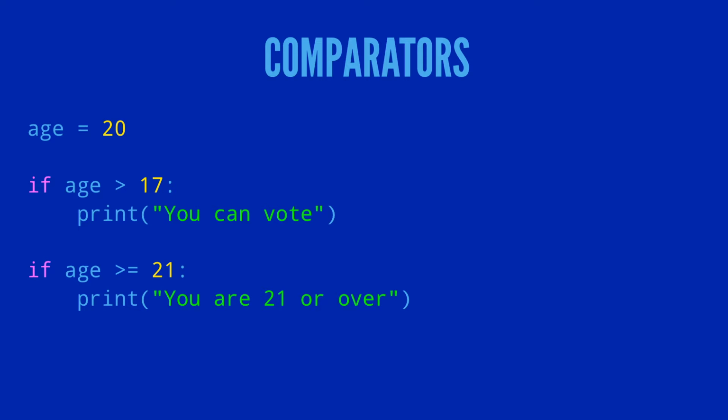So if you ran this, it would only print out you can vote. If an if statement is false, it doesn't print any of the content that is inside it. It just completely bypasses it and moves on to the next line. The inner block within an if statement is only executed if the statement is true.